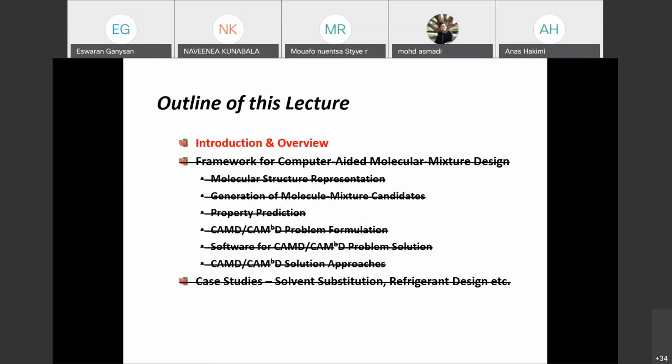It's just an introduction, focusing on problem formulation and the pre-design phase, before you apply it to computer aided molecular, mixture and blended design.